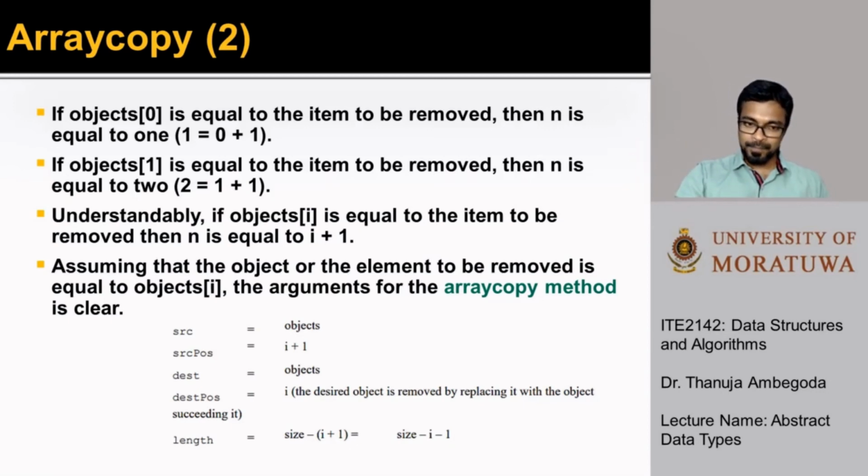Therefore, we copy everything from I plus 1 onto the same array, but the destination position is I, because we are replacing the current value at I with the I plus 1th element. The length of what we copy is the size of the array minus I plus 1, because we want to take all the remaining elements after the ith element and move them onto the ith position.